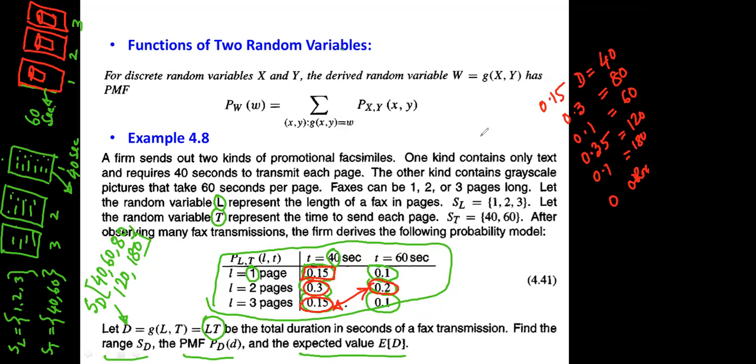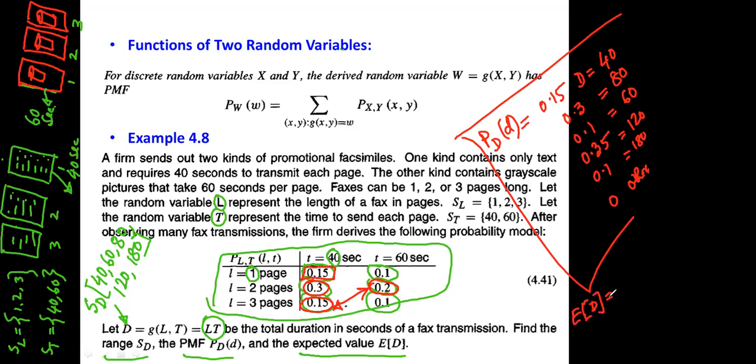That is the probability of D, the PMF of the D value. Now, how do we find the expected value? Tell me, how do we find the expected value of D?